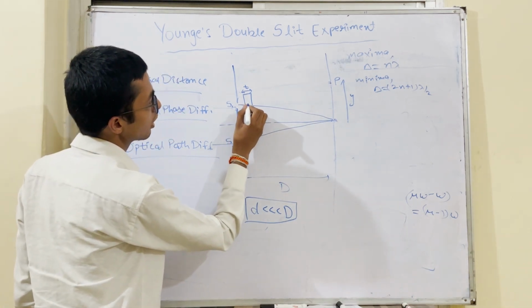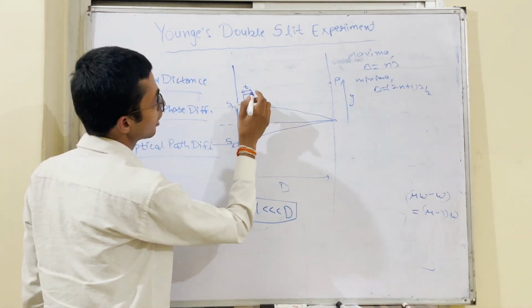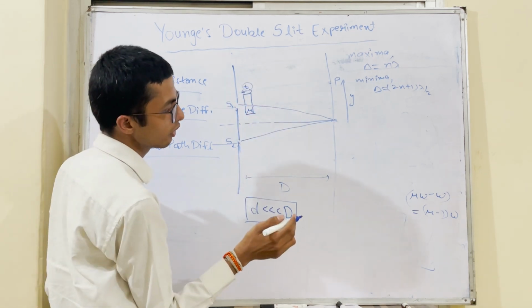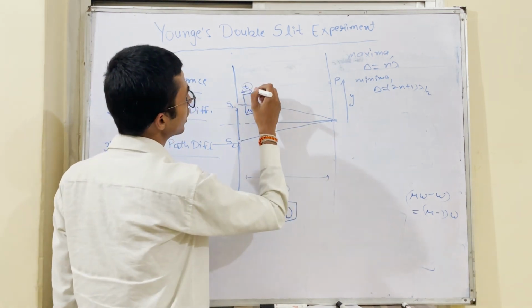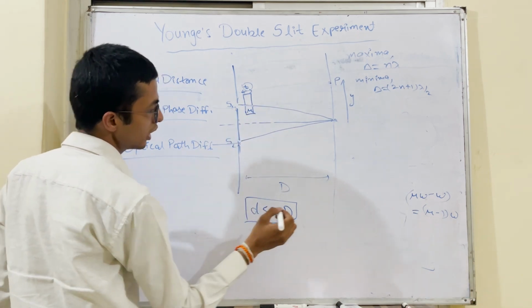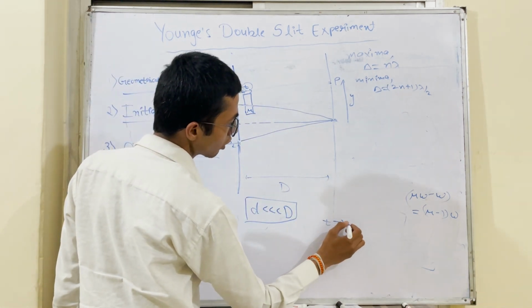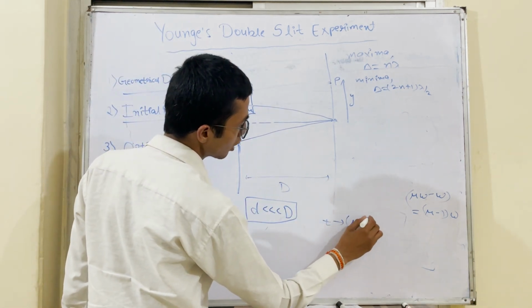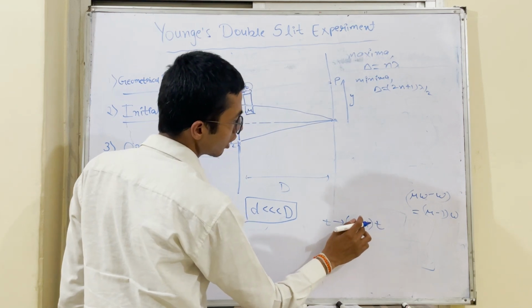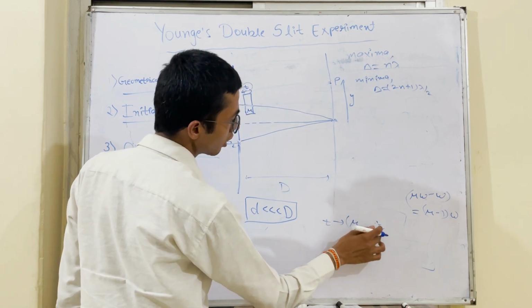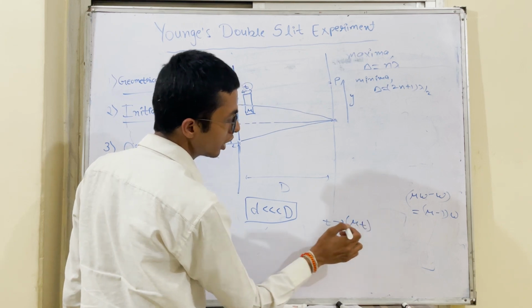In this path, this t distance of film thickness will be equal to mu t in air.